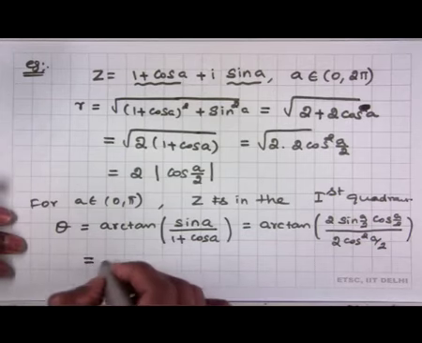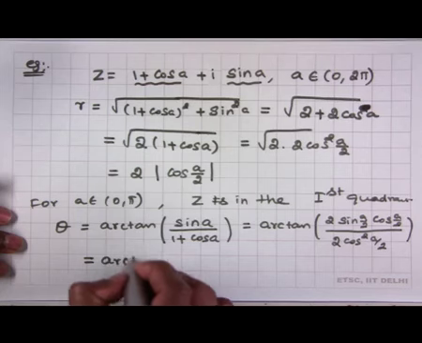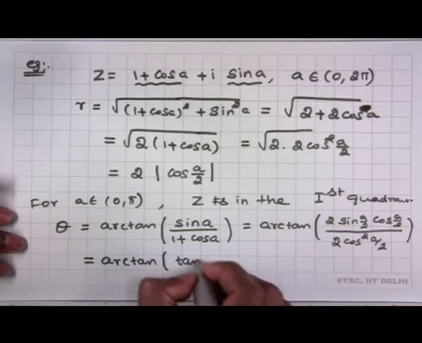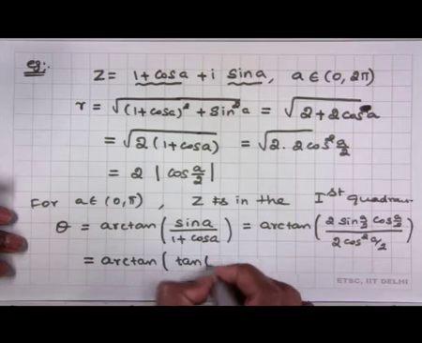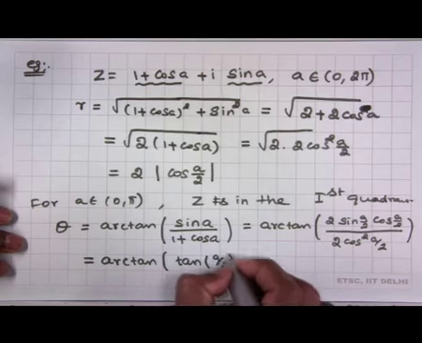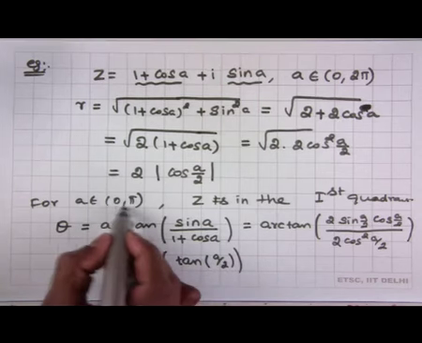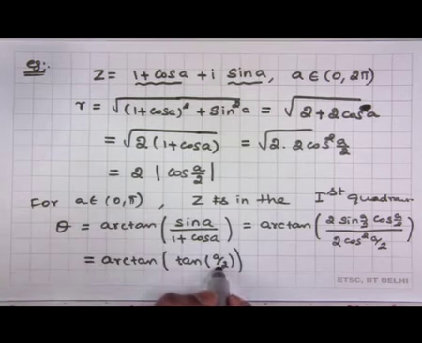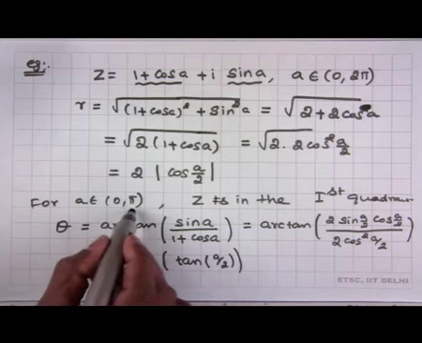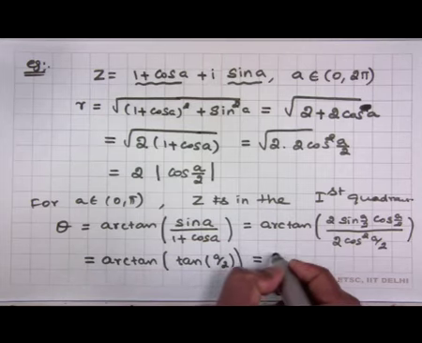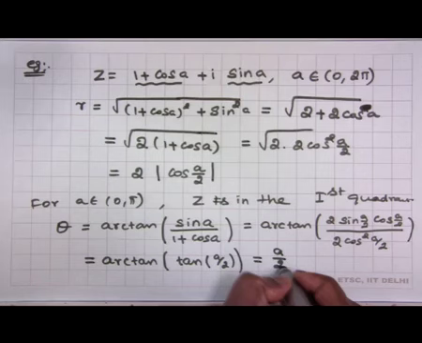This is nothing but arc tan of tan A by 2. Now, notice that since A is in the interval 0 to pi, A by 2 is in the interval 0 to pi by 2. So, the arc tan gives just A by 2.